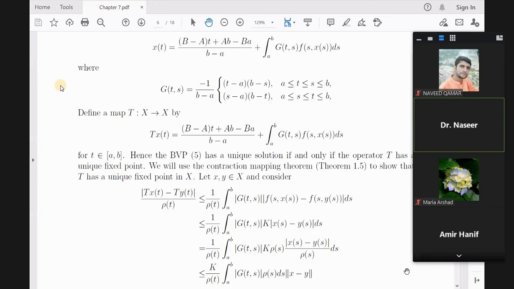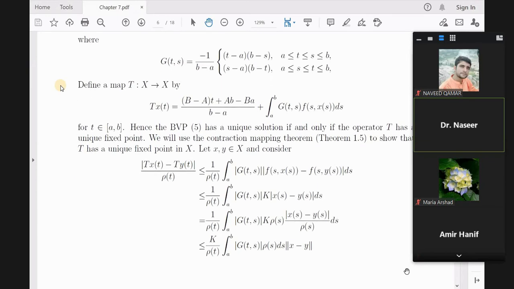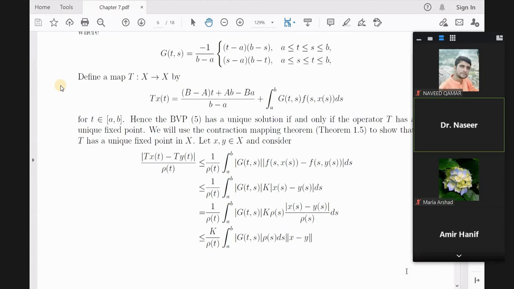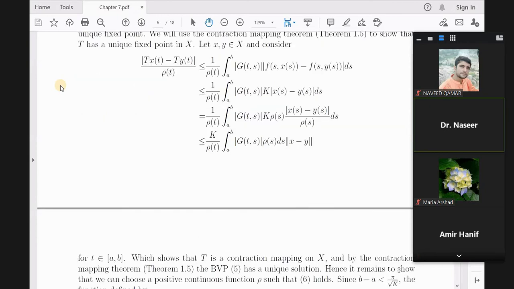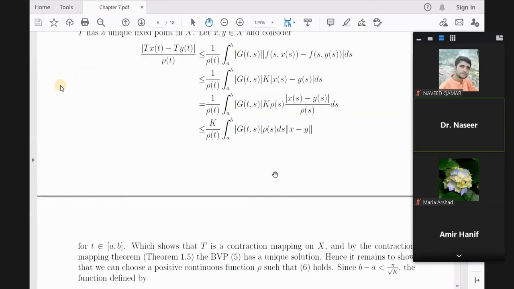Now you can see T is a contraction mapping because this is less than or equal to alpha, and alpha is less than 1. So T is a contraction mapping, and by the contraction mapping theorem, T has a unique fixed point.